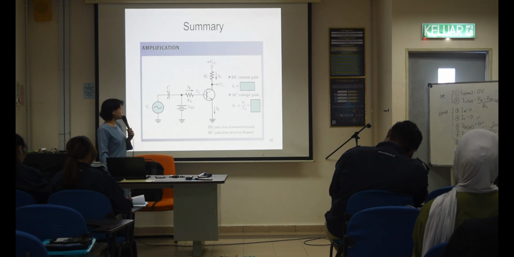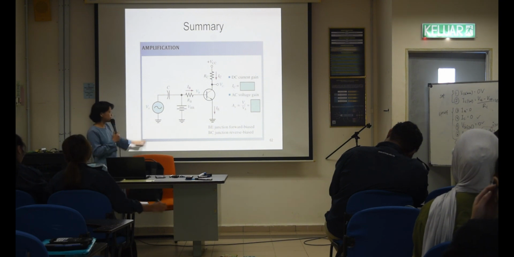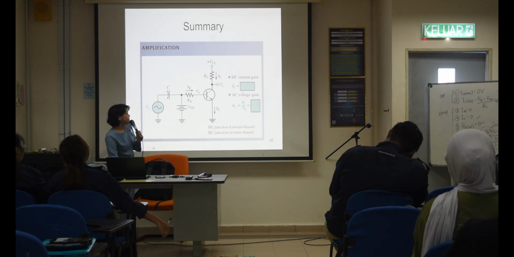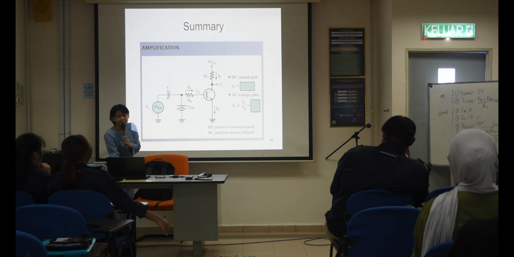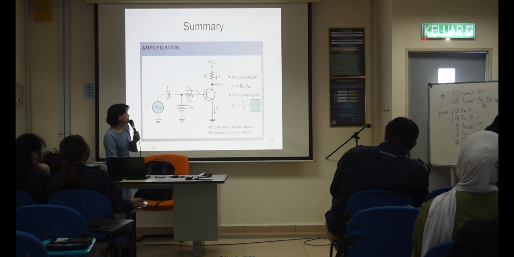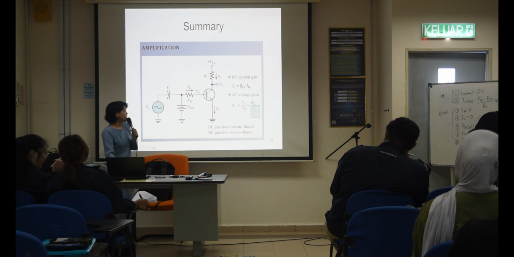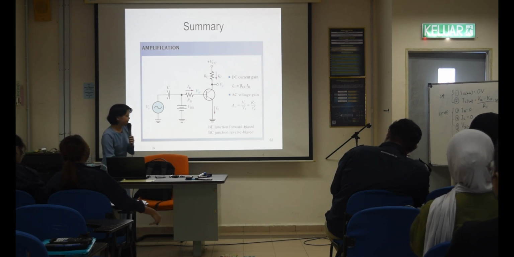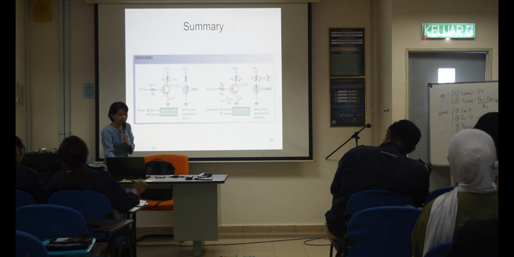Next, this circuit is your amplification circuit for the transistor. To calculate gain, what's the formula? Good. Next, the voltage gain equals VC divided by VB, RC divided by R prime C, R prime E. Next, go to switching.